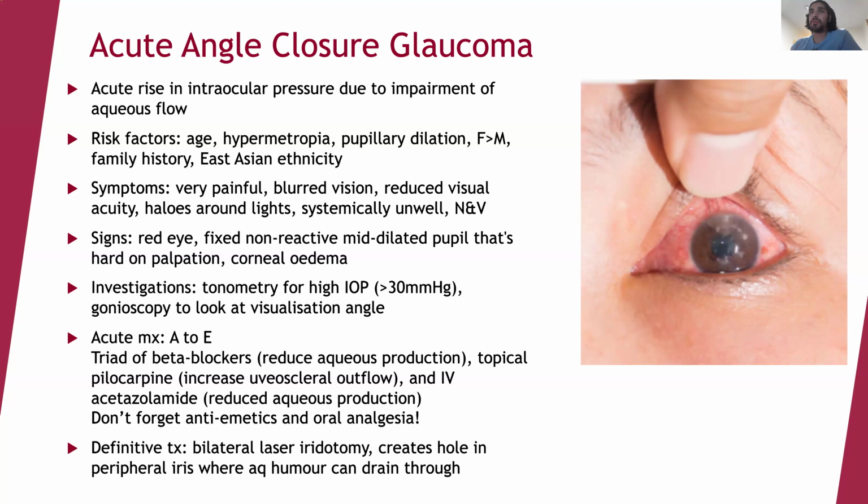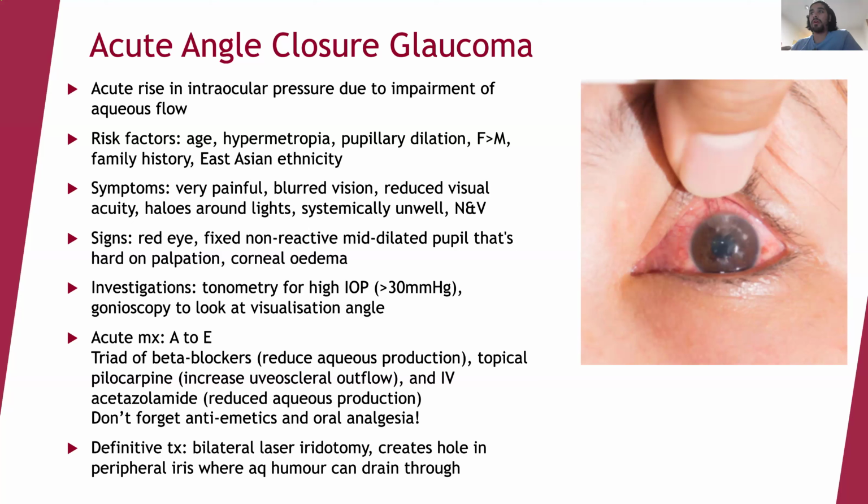This flows through the pupil and it leaves the eye via the trabecular meshwork. And the trabecular meshwork is between the cornea and the iris, where they meet. But in angle closure glaucoma, the iris blocks this angle, where the trabecular meshwork lies.